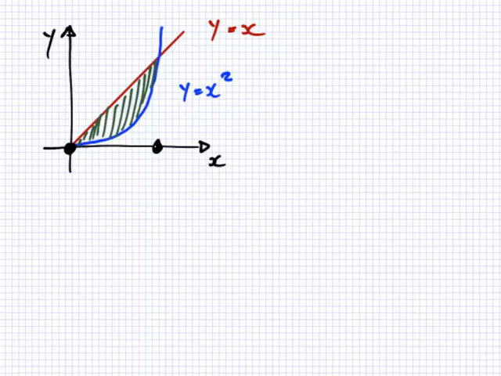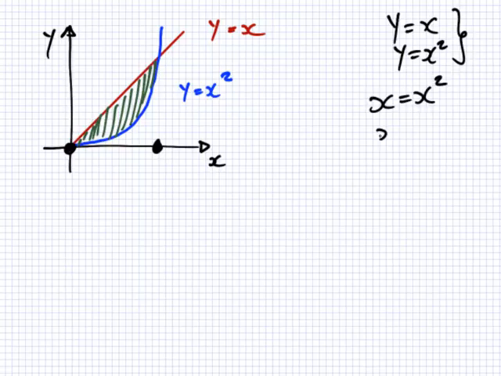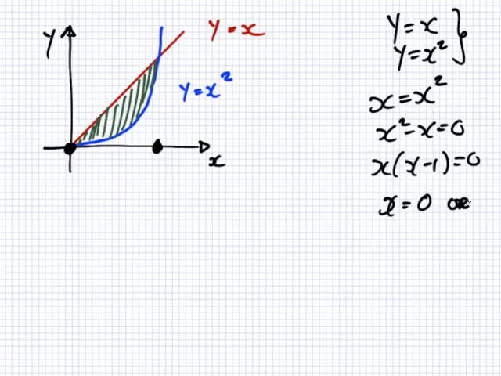Okay, so we want to find where they meet. So that means we want to solve this equation and this equation. What's the best method here? Substitution. So we get x equals x squared. X squared minus x equals 0. X times x minus 1 equals 0. So the two values for x are 0 or 1.